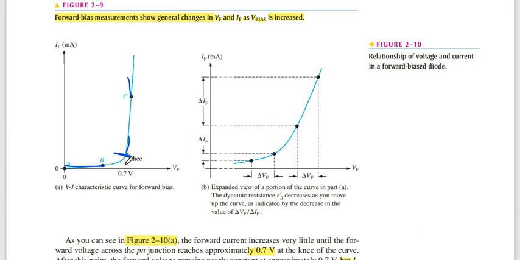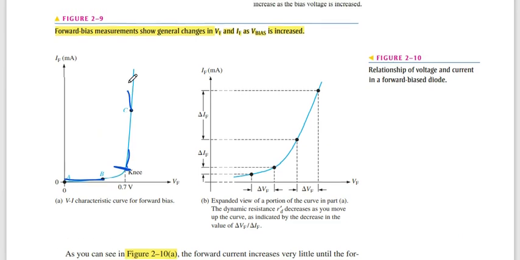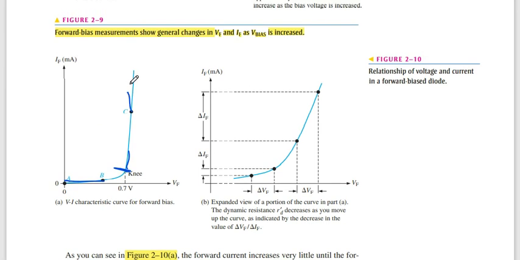When the voltage reaches 0.7, the depletion region is removed and the current flows freely and very fast.